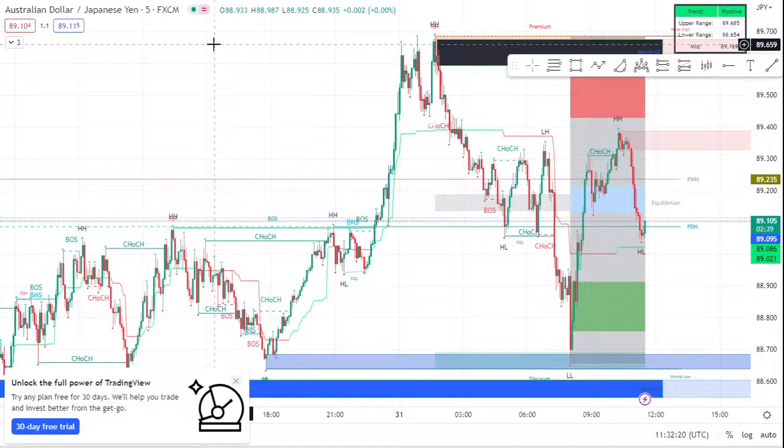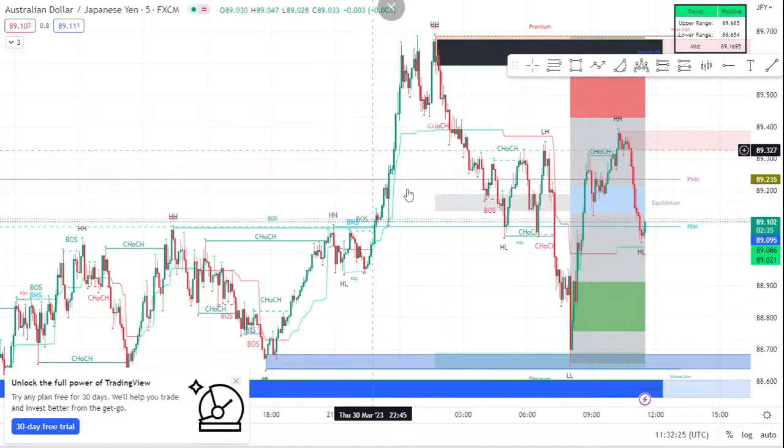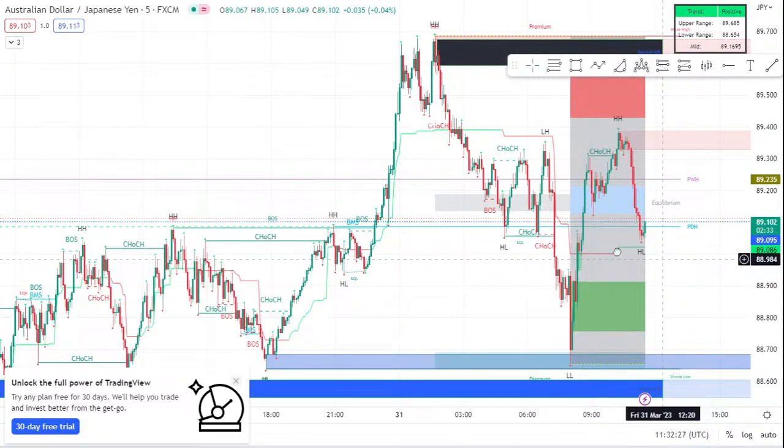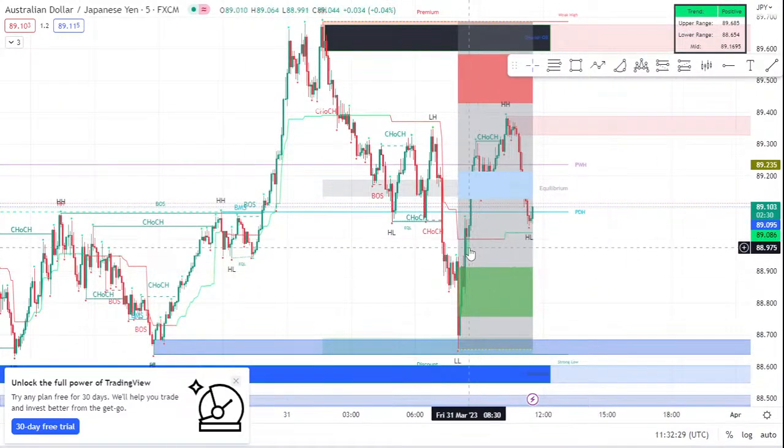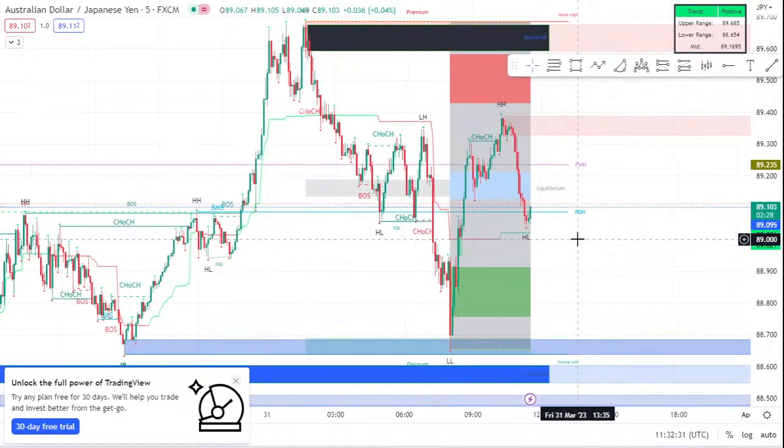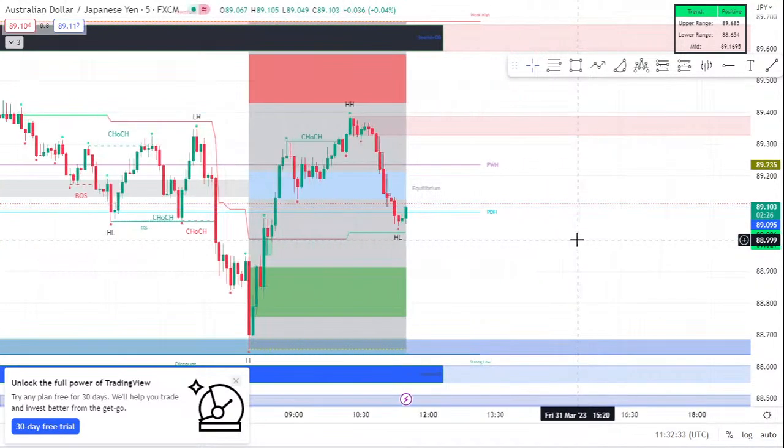This is one of the things that I always say. You can see for me right now, my target was around this zone over here, and I can see the market is actually reversing to the upside.